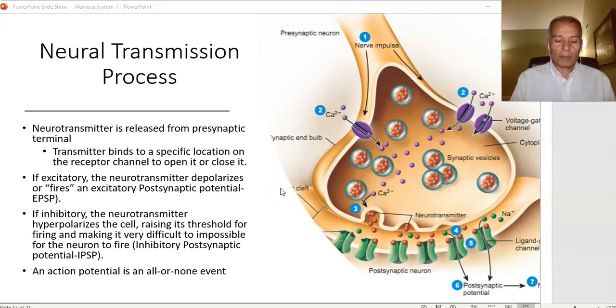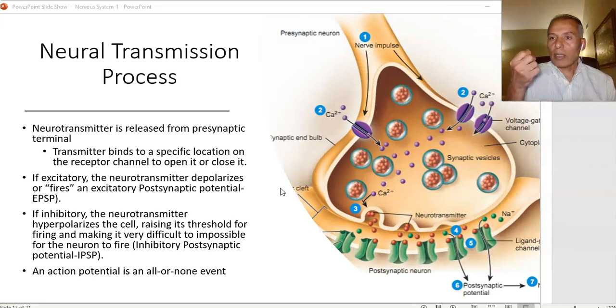It means it either occurs or it doesn't occur. There is not a baby action potential. It either causes the neuron to fire or not to fire. It doesn't come in different sizes. So that's what we mean by the action potential.